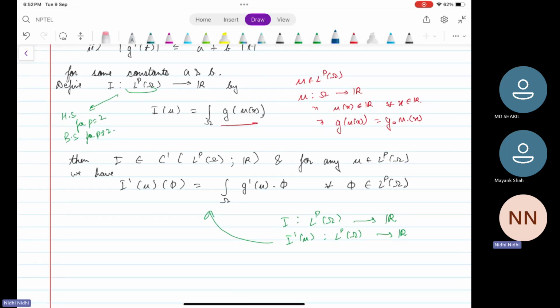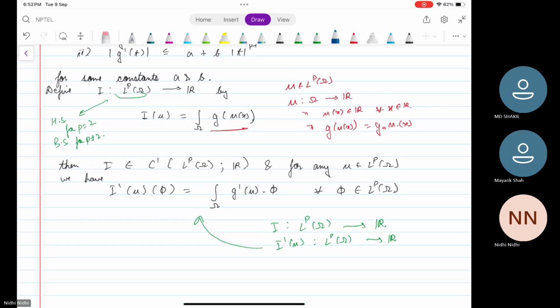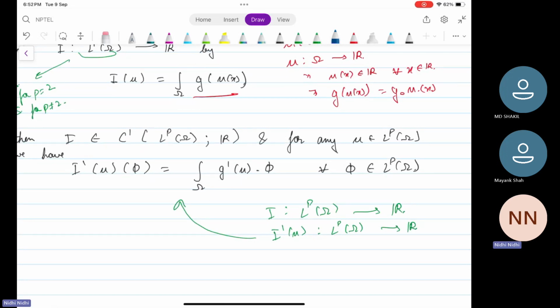The codomain of I'(u) will be R. Because I'(u) at any point φ is giving us this integral, this integral will eventually be solved and this will be a real number.